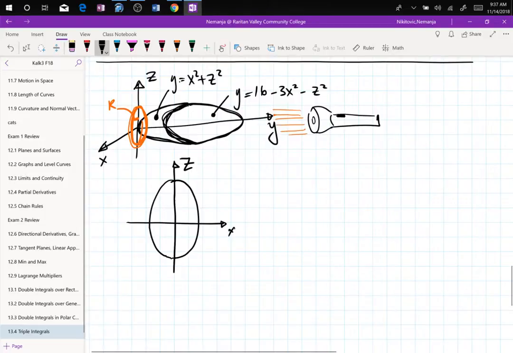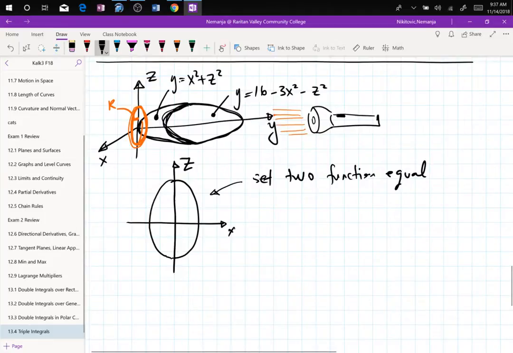And the way to get this line is to set the two functions equal, because you are eliminating one of the variables. Which variable are you eliminating?